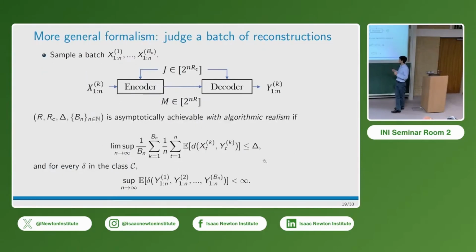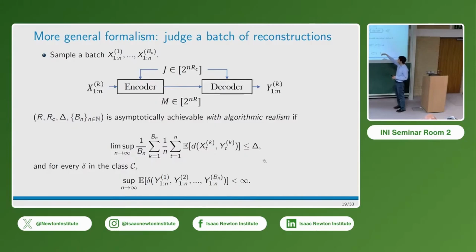So now here's the slide where I give the actual new formalism that we propose. First I said that we need a sample or many samples. What do I mean by samples? Let's be clear about this. What I mean is you want to judge a compression scheme. You want to judge a software, essentially. You have an encoder and decoder. What you do is you take some IID samples from the source distribution and you compress each one separately.